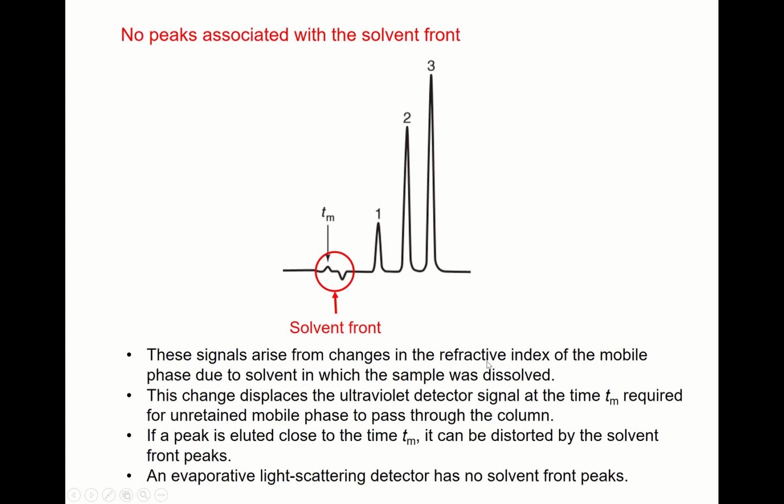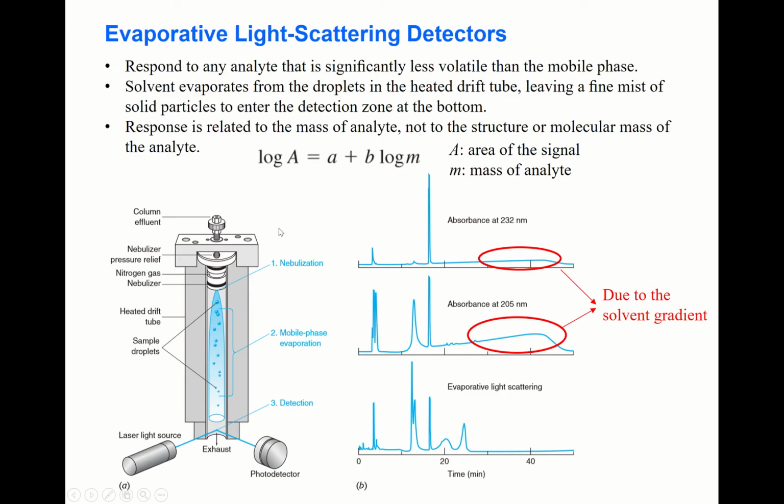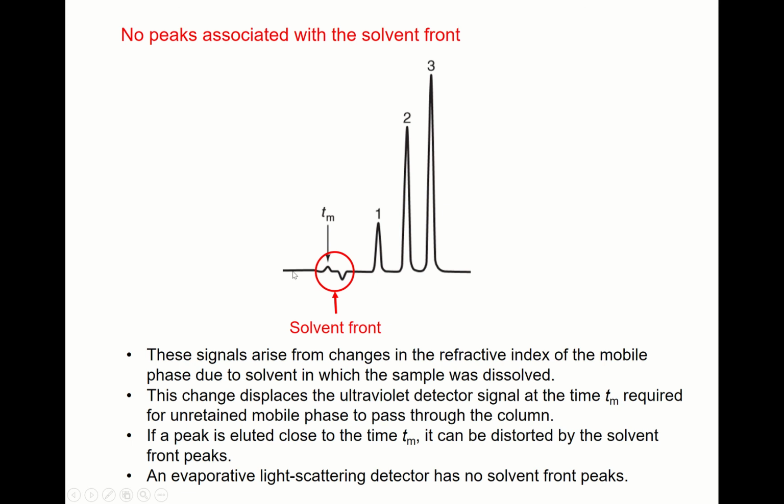And also there is one big advantage for this light scattering detector, which is that there are no peaks associated with the solvent front. Sometimes, or I would say many times, you observe this peak going up, and this part going down, right? These peaks are often observed in HPLC.